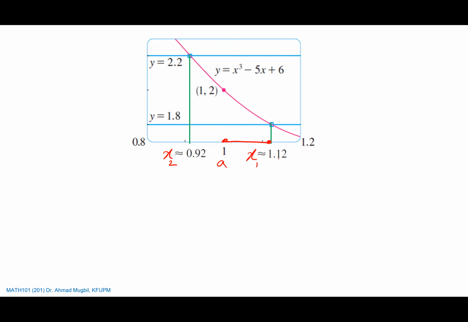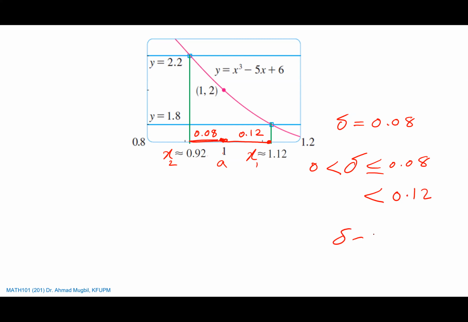Now, what is the distance from here to here? From 1 to 1.12, it is 0.12. What is the distance from here to here? From 1 to 0.92, it is 0.08. So we will choose delta to be the smaller one, 0.08. Why do we choose the smaller one? Because if delta is less than 0.08, it works also, since it will be less than 0.12.